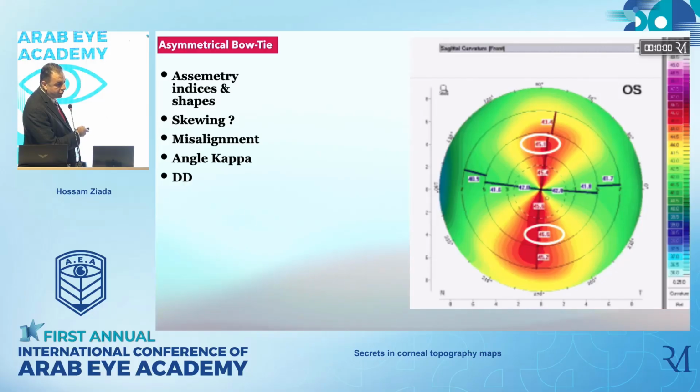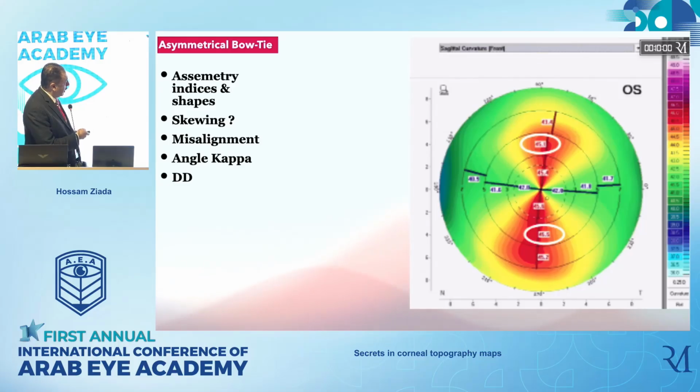In the central 5 millimeters, the difference between the inferior and superior points shouldn't exceed 1 diopter, unless you have an explanation for this difference by opacity, by tear film pooling, or epithelial hyperplasia, as you will see in the epithelial mapping.